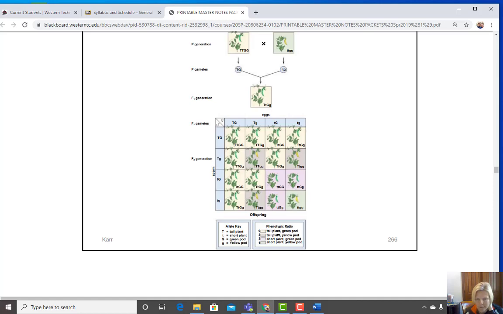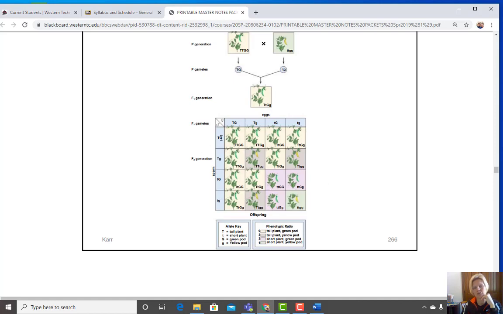So the phenotypic ratio in a dihybrid cross is going to be 9 to 3 to 3 to 1. And notice that the number of squares we get is 16 because we've got 4 different egg possibilities, we've got 4 sperm possibilities, and you multiply the probability of each together, we're going to get 16 different possible offspring combinations.